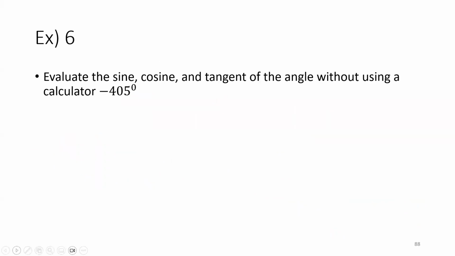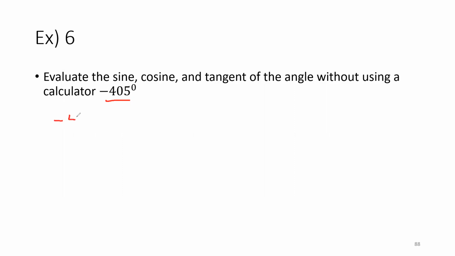Okay, example 6, evaluate the sine, cosine, tangent without using a calculator, and our angle is negative 405 degrees. So honestly, negative 405 is not a degree within our unit circle. We only go from 0 to 360 or 0 to negative 360. So what you could do to see if it's actually a degree within the unit circle, I would add 360.